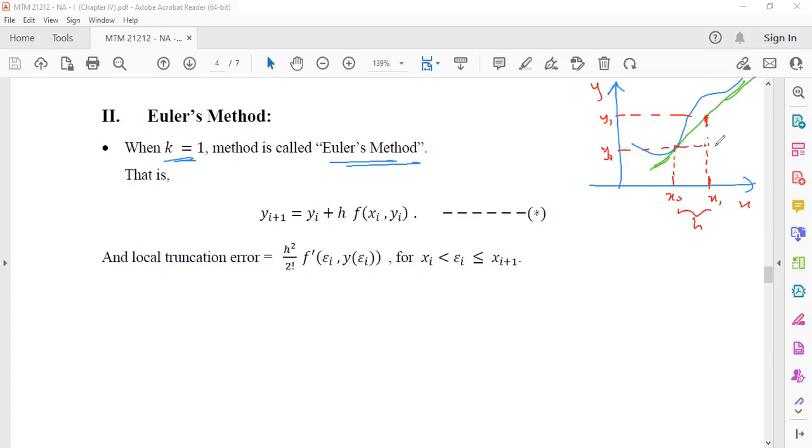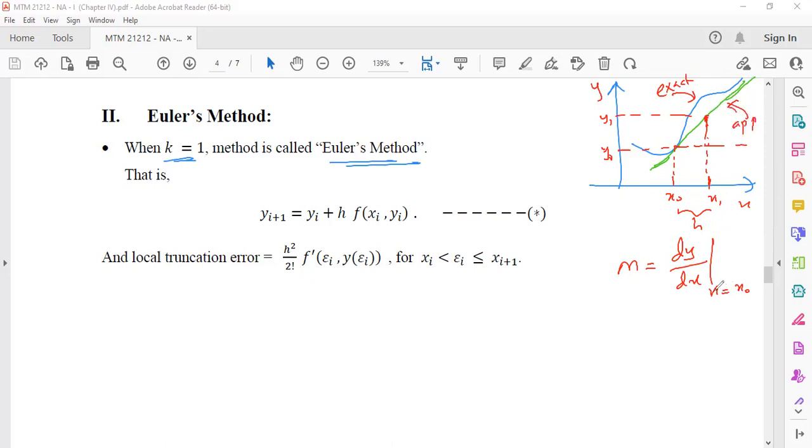As we know from our definitions, m is equal to what? If we define m as dy over dx, am I right? This is my exact function and this is my approximation function.